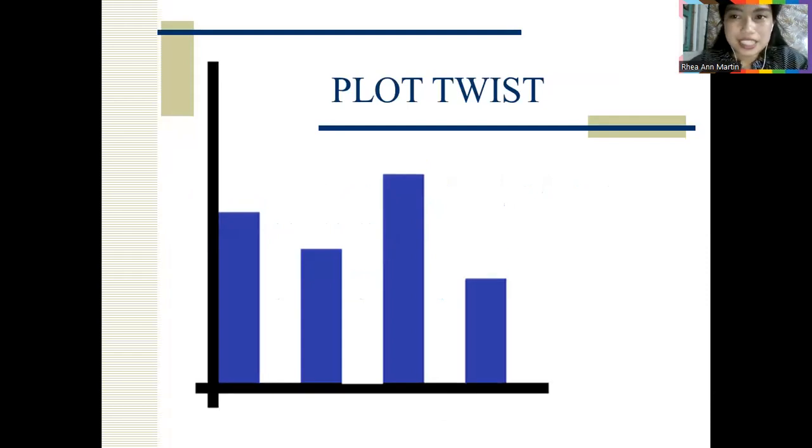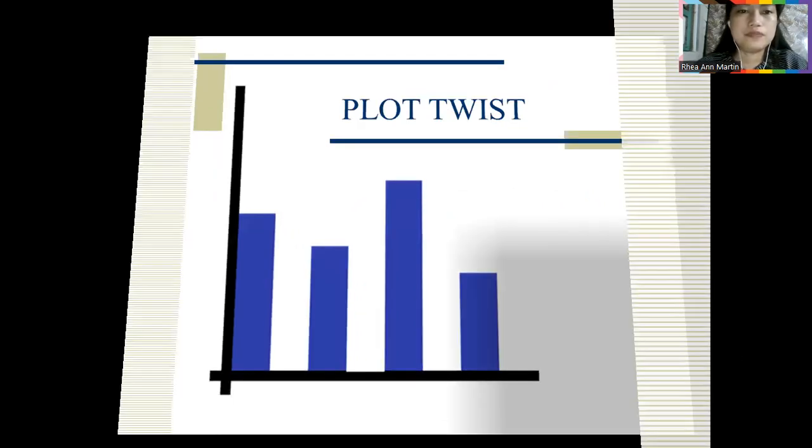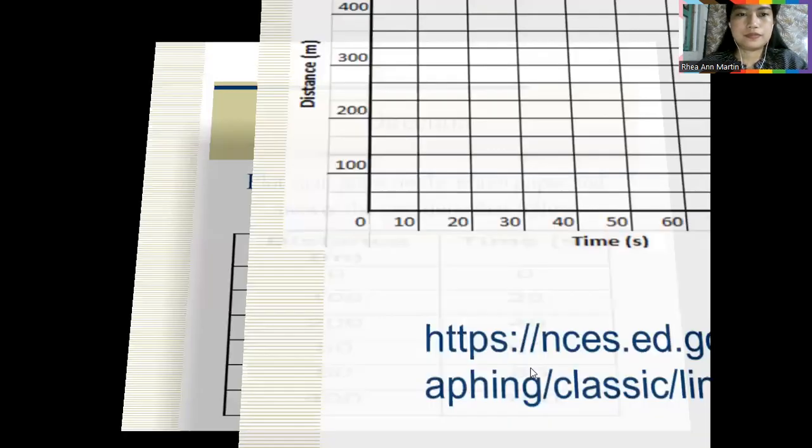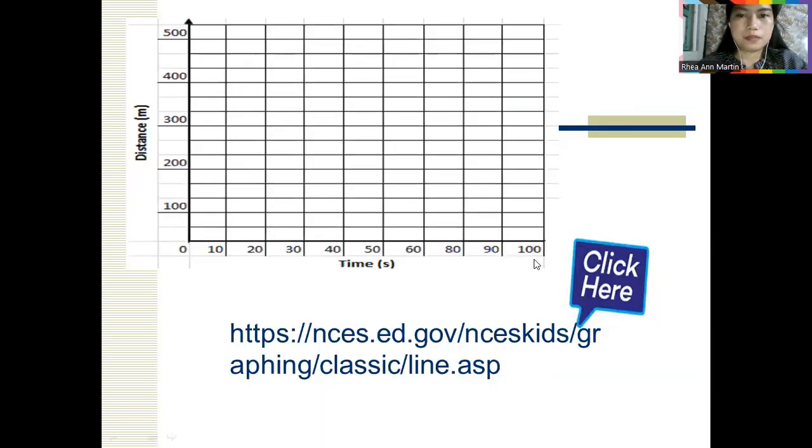Let's proceed to an activity called plot twist. Direction: plot each point on the graph paper and answer the questions that follow. So we have here the data table and graphing paper.